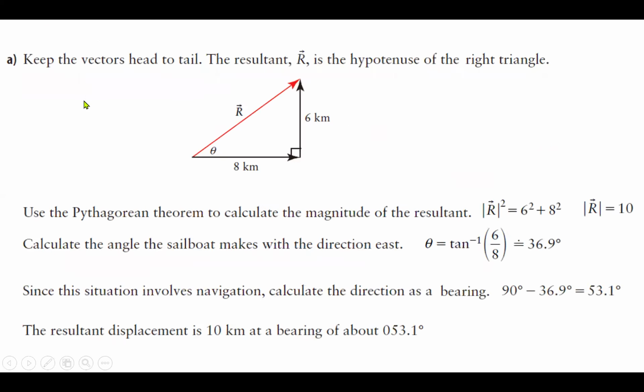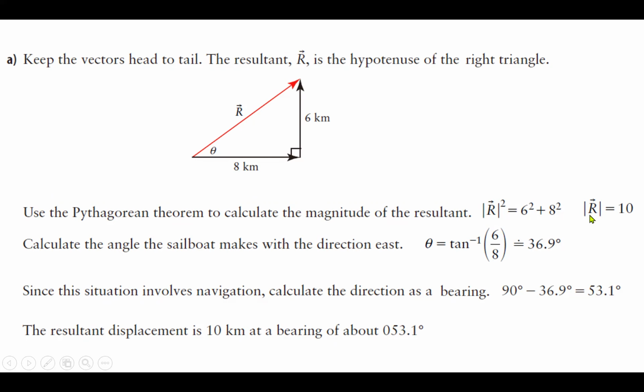Okay, let's have a look at the solution. First, keep the vectors head to tail. The resultant vector R is the hypotenuse of the right triangle. Use the Pythagorean theorem to calculate the magnitude of the resultant. We have the magnitude of R squared equals 6 squared plus 8 squared.